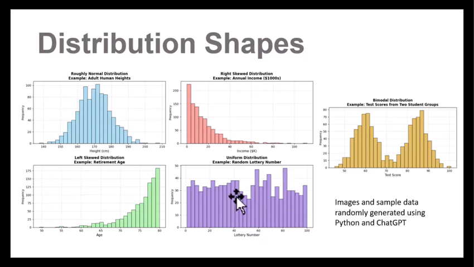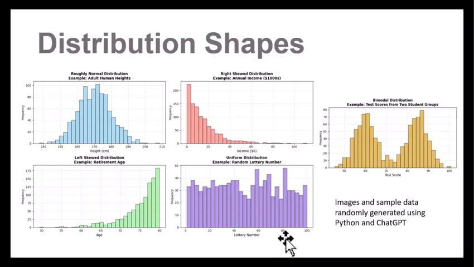We see some taller ones and some shorter ones, but the heights are roughly the same across the whole distribution. So there's not really one range of lottery numbers that are more likely or more common than another. This uniform distribution is what we would expect from uniformly distributed data, meaning any lottery number has an equal chance of being chosen.